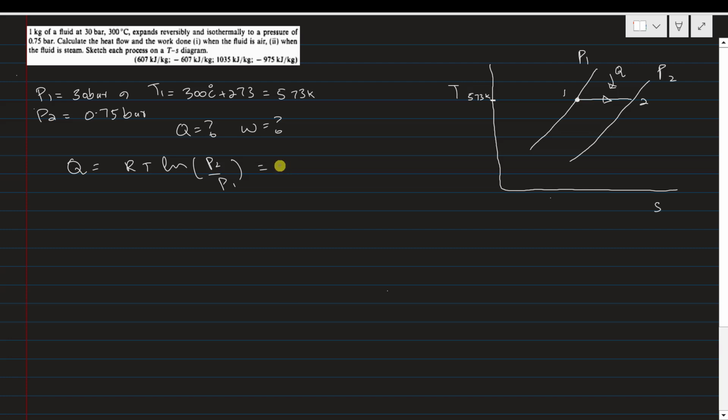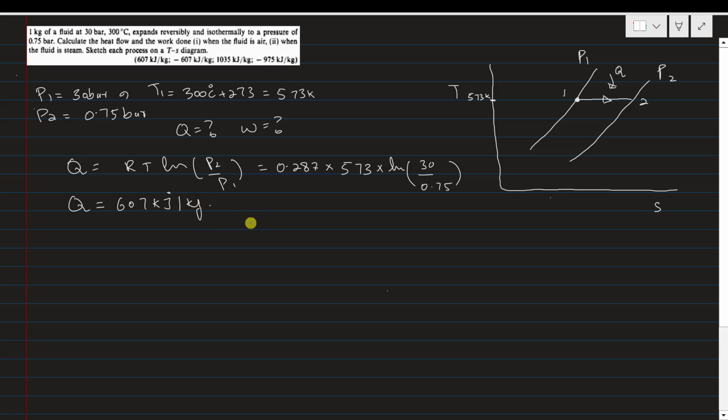That is constant, for air 0.287, and T is 573, multiplied by ln of P2 over P1, that is 30 divided by 0.75. So upon simplification you will get the heat supplied, that is 607 kilojoule per kg.